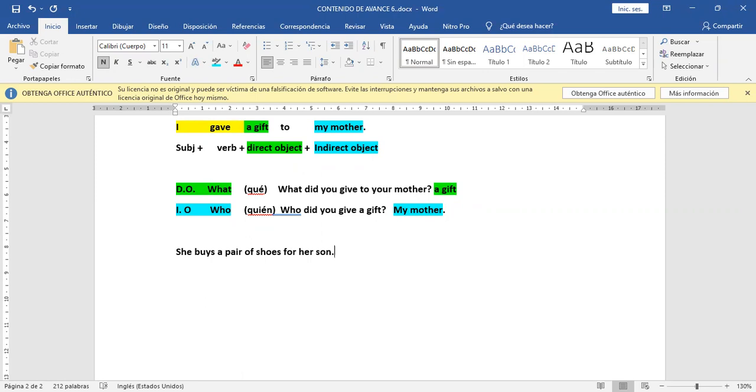Now let's recognize where is the direct object, where is the indirect object. We can ask with what. Ask if you want to know which one is the direct object, which one is the indirect object. Ask what does she buy?